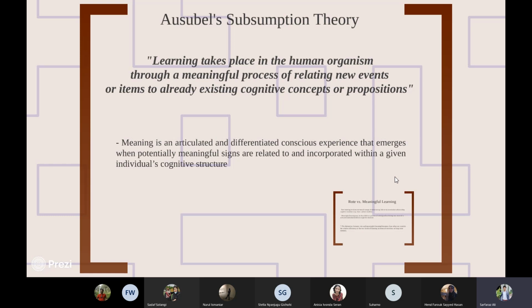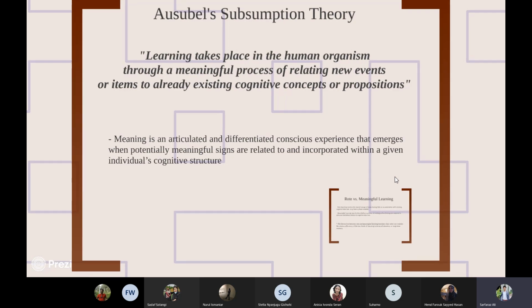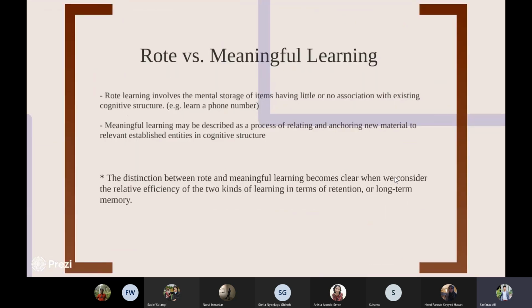So this is the subsumption theory of learning, and in it, as I already mentioned, two types of learning are given.